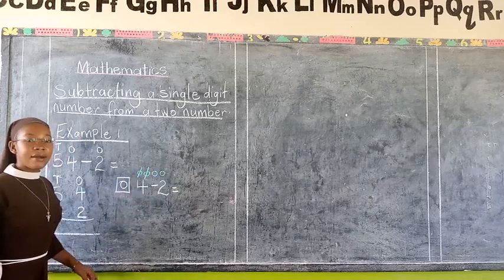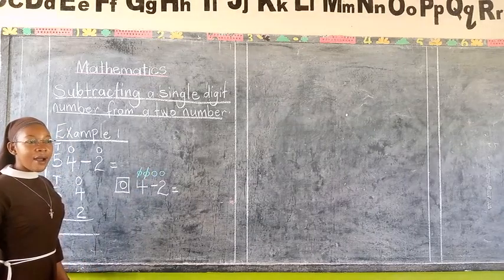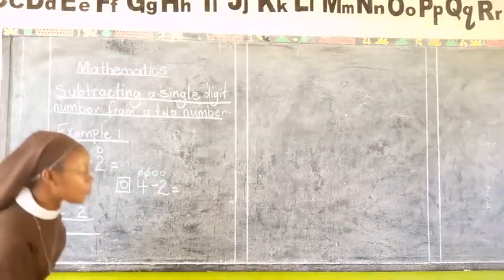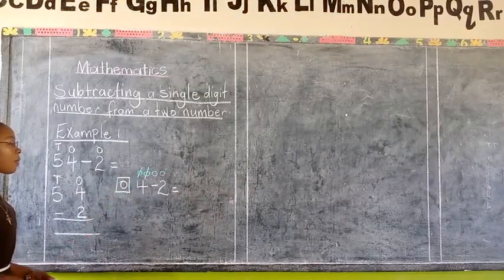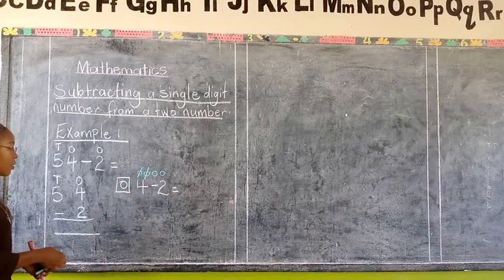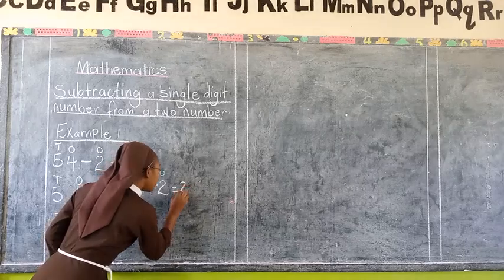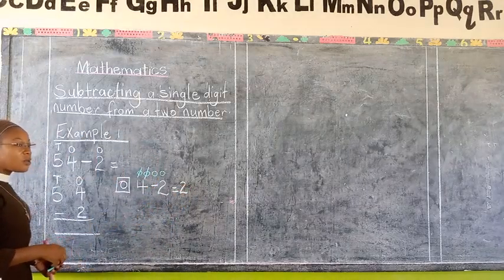How many balls are remaining? Count the remaining balls. Count them with your neighbor. Let's count together. 1, 2. There are 2 balls remaining. So we shall write 2 here. Meaning 4 minus 2, we shall remain with 2.